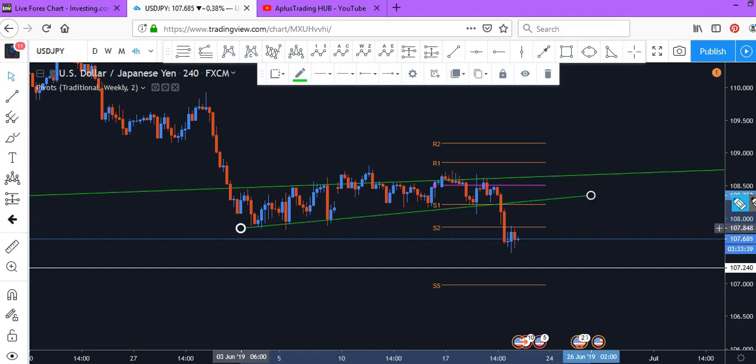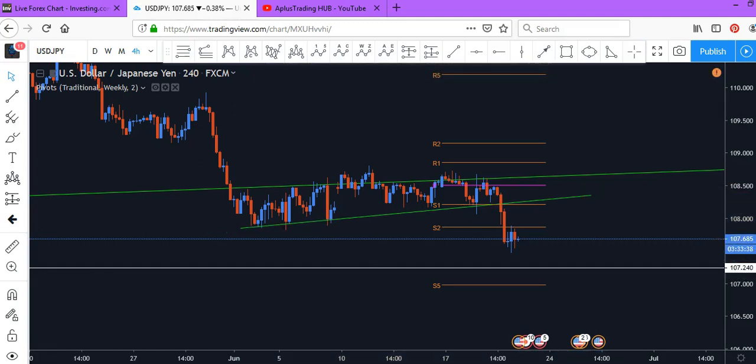So this is the lower time frame. What we are looking for now to join this trade is price to close below the S2. Maybe by tomorrow we see a retest of that breakdown, maybe back to a retest of the S1 or the pivot level.